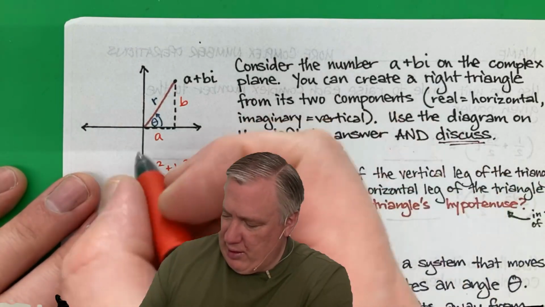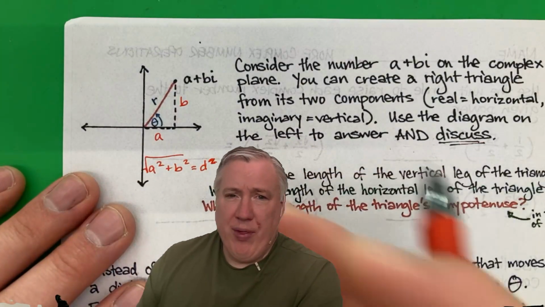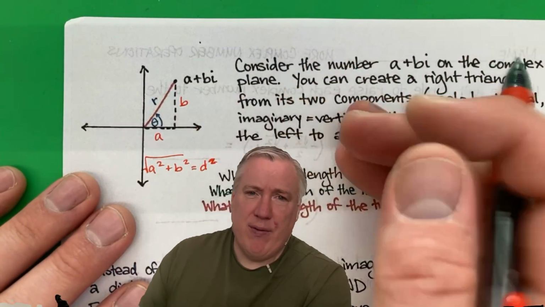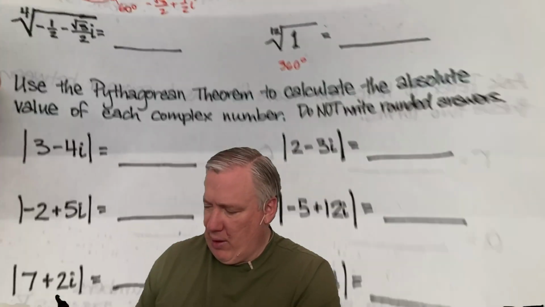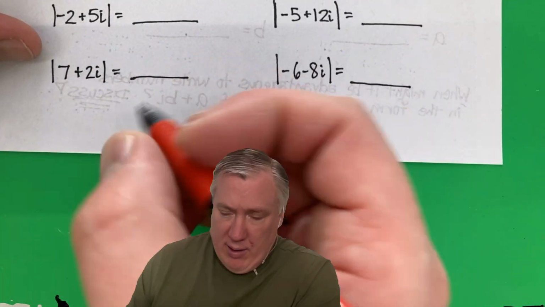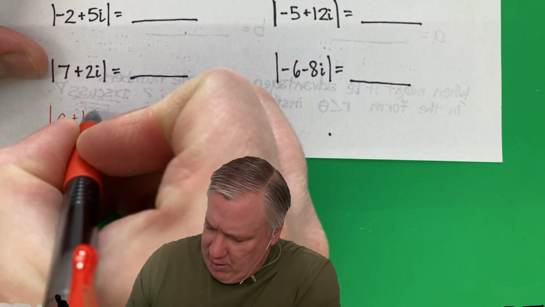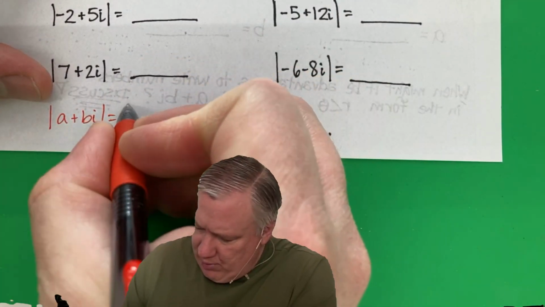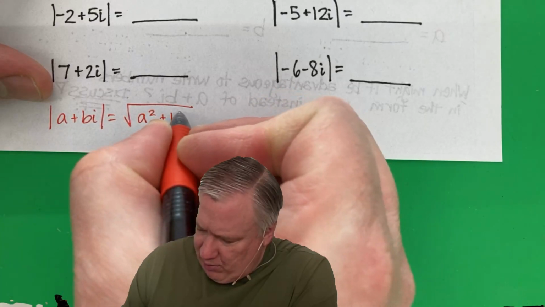Well, to solve for distance, I take the square root. And what this means is that the absolute value of any complex number, there's the formula. In other words, the absolute value of a plus bi is the square root of a squared plus b squared.